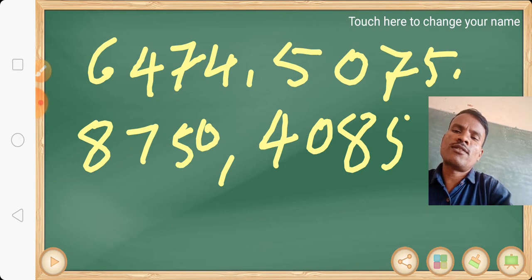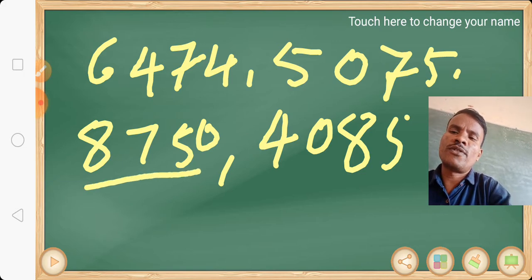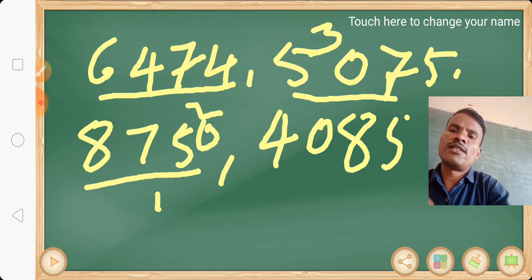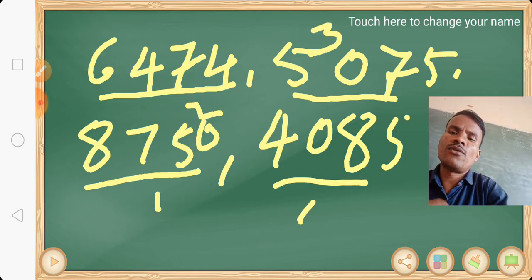In order to arrange in descending order, we first take the greatest number. Here the greatest number is 8750, the first number. Then the next smaller number is 6474. Then again smaller is 5075. This is 3, then this is 4.